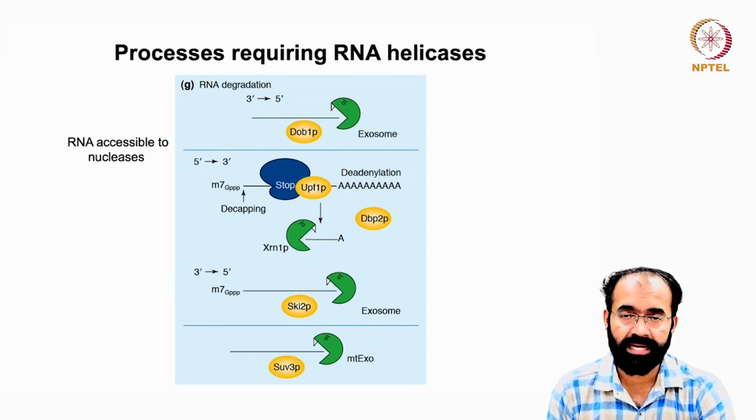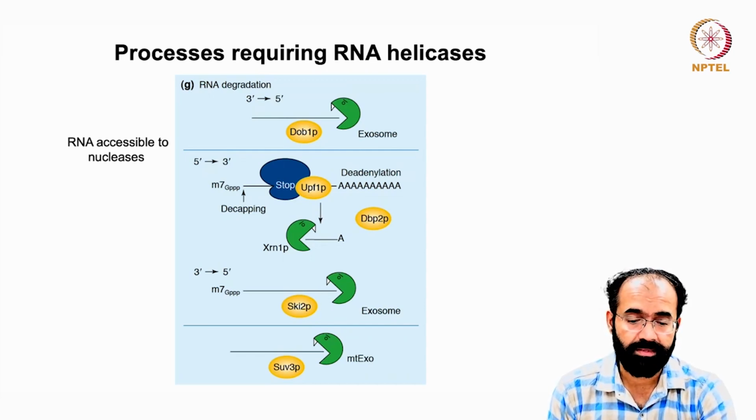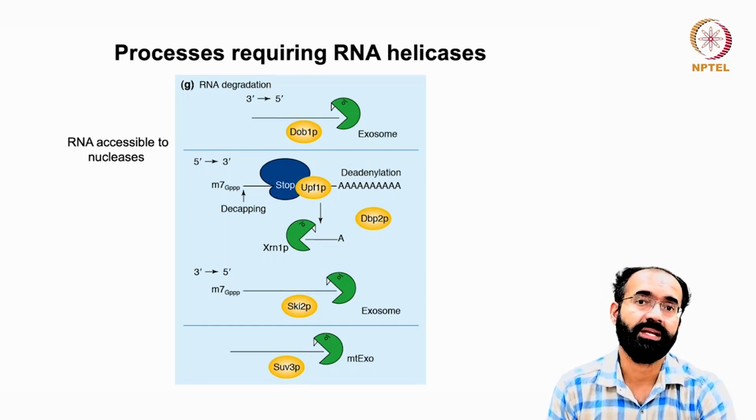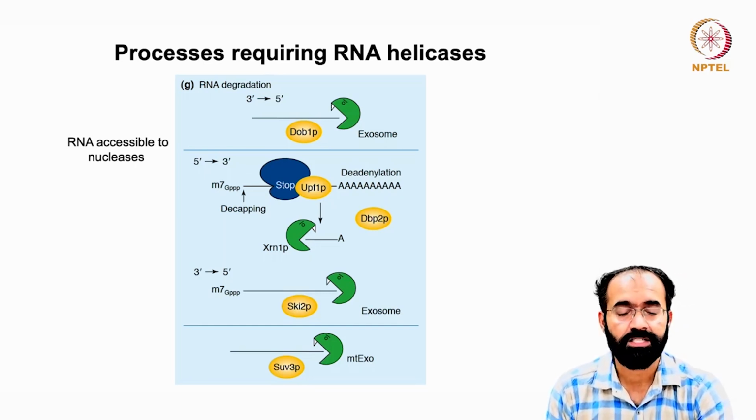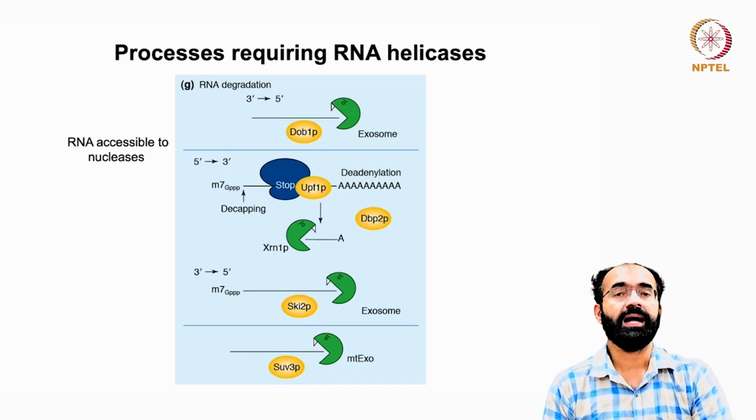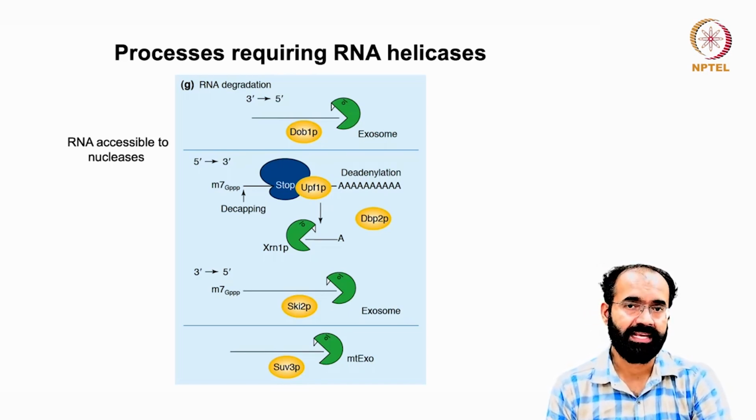And there is another exonuclease, that is mt-exo, which is similar to the exosome. This mt-exo is regulated, or influenced, by SUV3P, another RNA helicase. So we are highlighting the importance of RNA helicases.